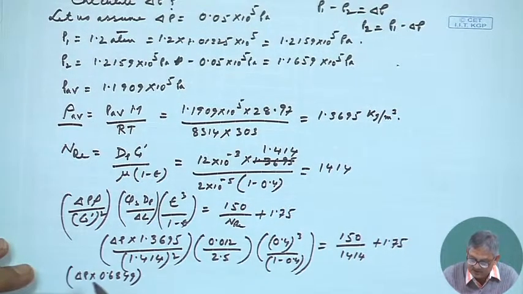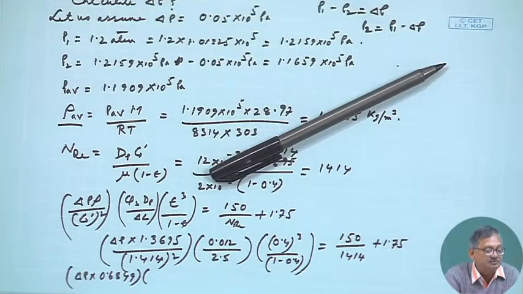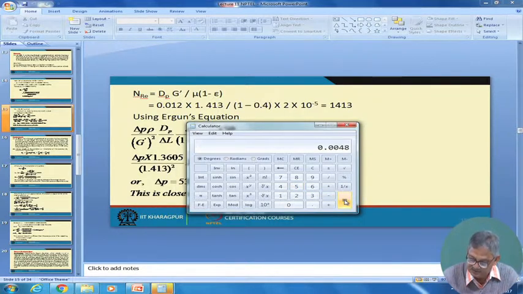So this times 0.012 by 2.5, 0.012 divided by 2.5 is equal to 0.0048.